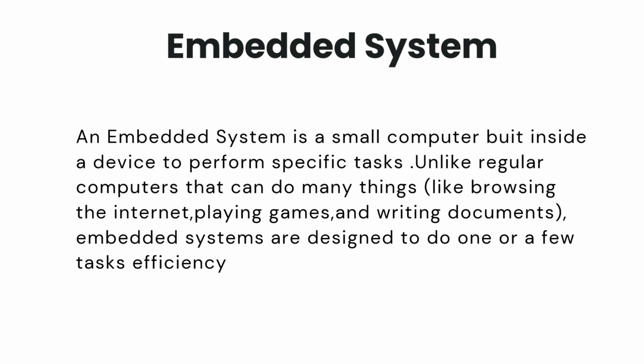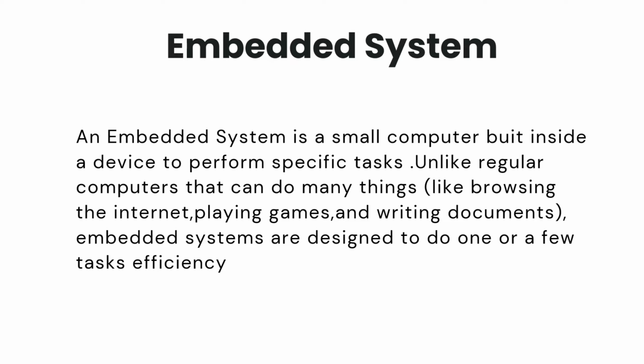The components of embedded systems are microcontroller or microprocessor, memory such as RAM, ROM, and flash, input devices such as keypad and sensors, output devices like LCD and buzzers, and power supply.